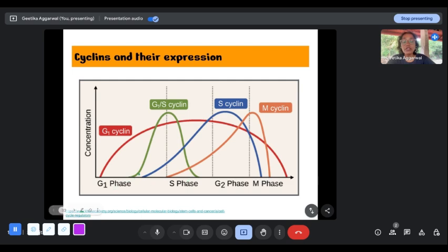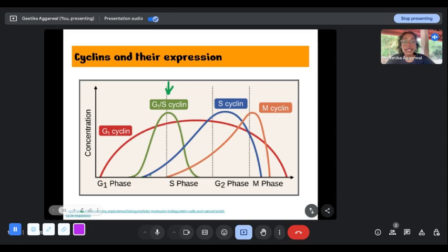Then, the G1/S cyclin is the cyclin which helps the cell cross over from the G1 phase to the S phase. So this is for the first checkpoint, the G1 checkpoint. Its amount starts increasing when the cell is supposed to cross the first checkpoint, and as soon as the cell has crossed it and entered the S phase, the G1/S cyclin gets destroyed.